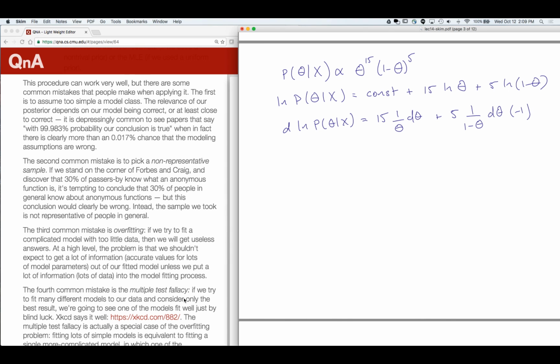And you often see people ignoring this source of error, right? I've seen more times than I care to say a paper say, okay, with 99.983% probability, the following conclusion is true, when if you have half a look at the paper's methods section, you discover that there's really far more than a 0.017% chance that they made a bad modeling assumption.